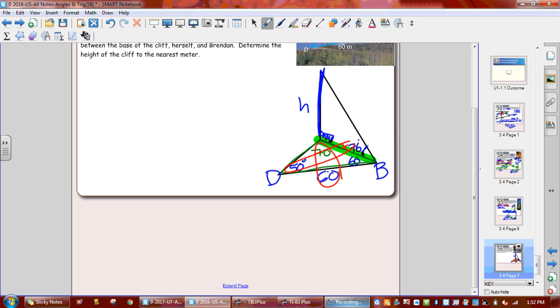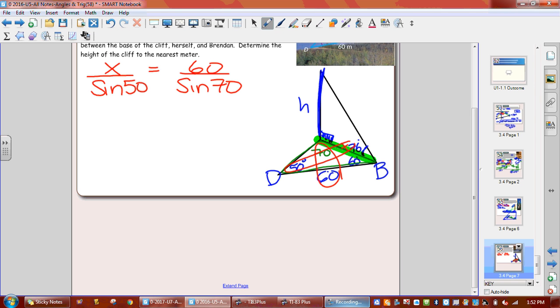So I have opposite pairs to use my sine law. X over sine 50 equals 60 over sine 70. Now we cross multiply this way and divide by sine 70. That's going to give us x, which will help us find the height of the cliff.